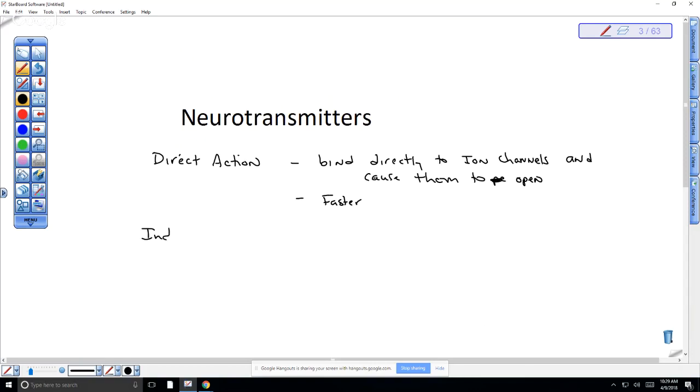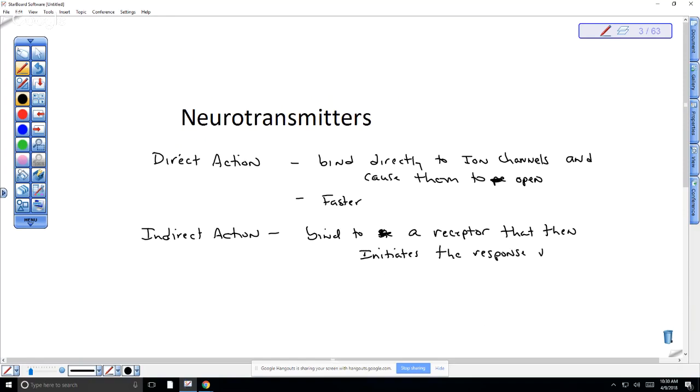When we look at the indirect action, this is through a secondary messenger. So they bind to a receptor that then initiates the response via a secondary messenger.